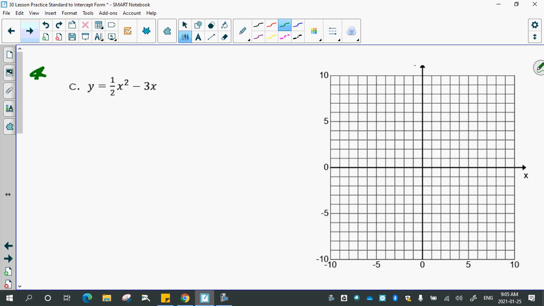So we've got y equals a half, but x is also common. So there's only 2 terms, and they both have an x. So if you do the divide way, half divided by half is 1. Anything divided by itself is 1. X squared divided by x is x. And then -3 divided by half.